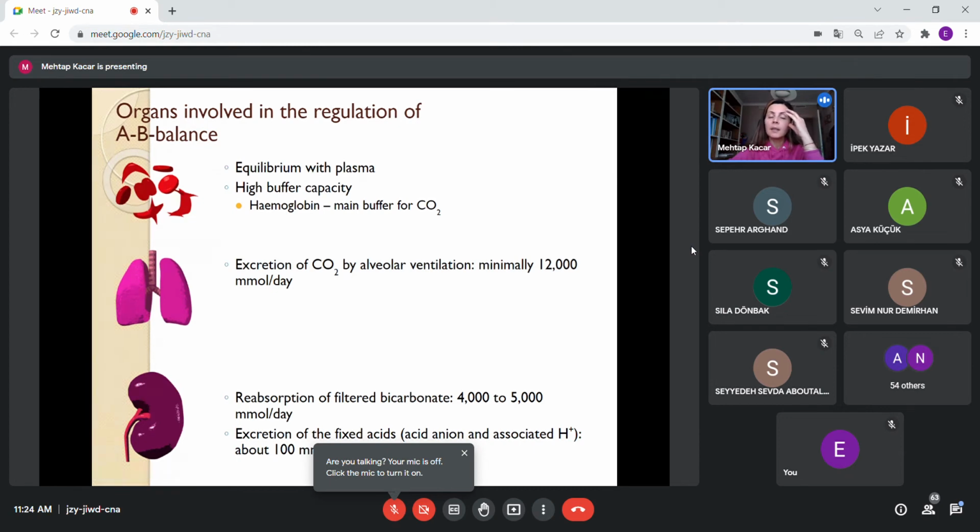The kidneys are responsible for reabsorption of filtered bicarbonate, and because of this reabsorption, we regain bicarbonate ion from our kidney tubules. In addition to regaining bicarbonate ion, the kidney is responsible for excretion of fixed acid. And we excrete hydrogen ion about 100 millimoles per day.